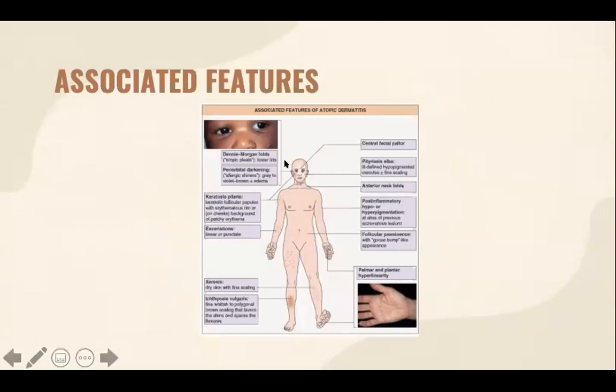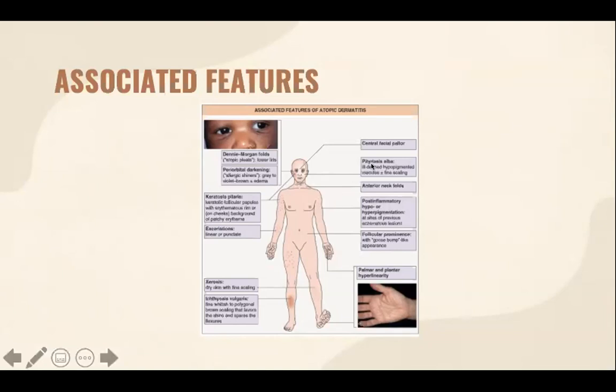Starting with the face, we will have loss of the lateral eyebrows, followed by Dennie-Morgan folds or atopic pleats in the lower eyelids. Then we have periorbital darkening, or what's known as allergic shiners, which is gray to violet brown edema periorbitally. We might have central facial pallor, pityriasis alba.